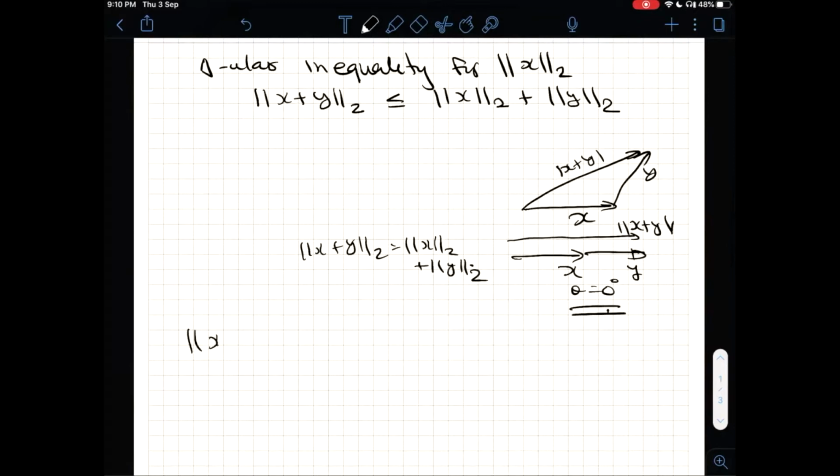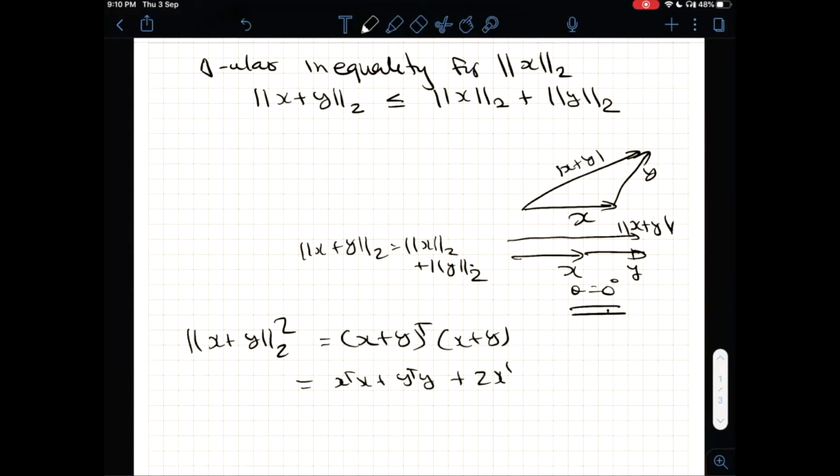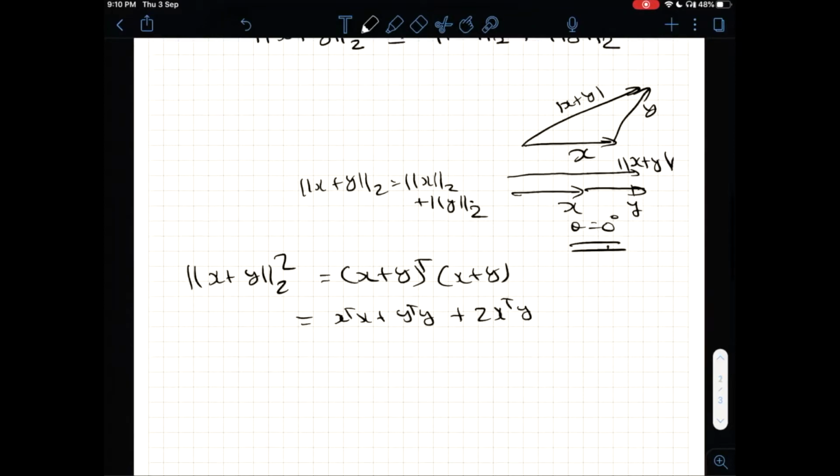So let me take the square of the length of x plus y, or in other words, (x plus y) transpose (x plus y), which is the same as x transpose x plus y transpose y plus 2 x transpose y, which is the same as the square of the norm of x vector plus the square of the norm of y vector.